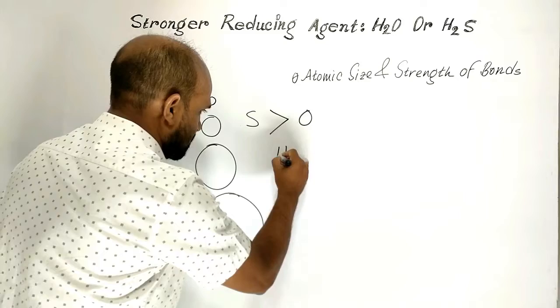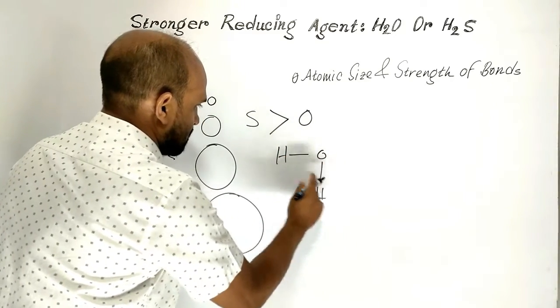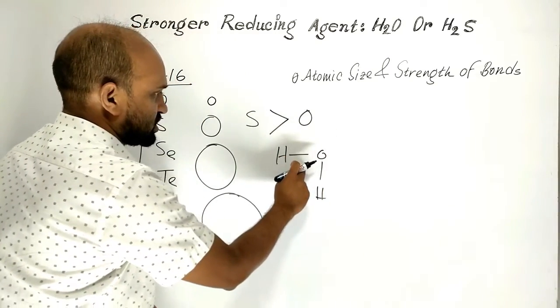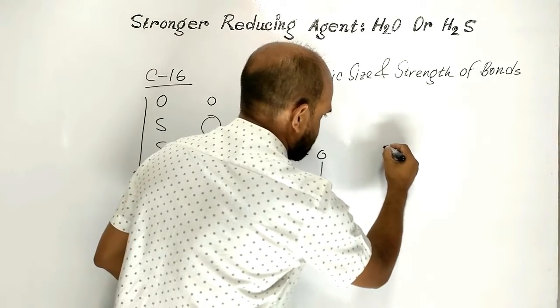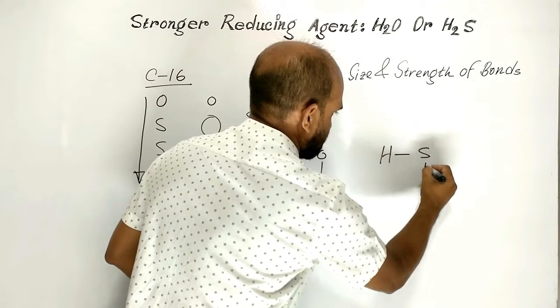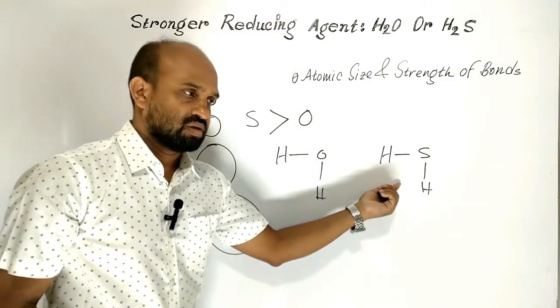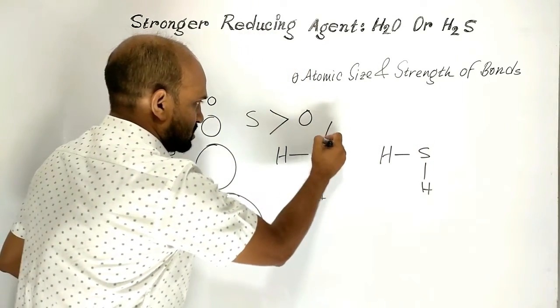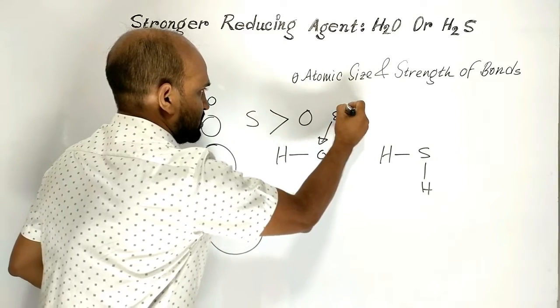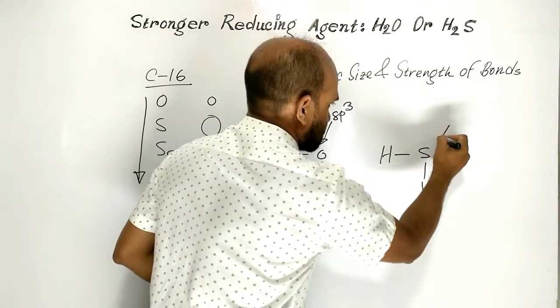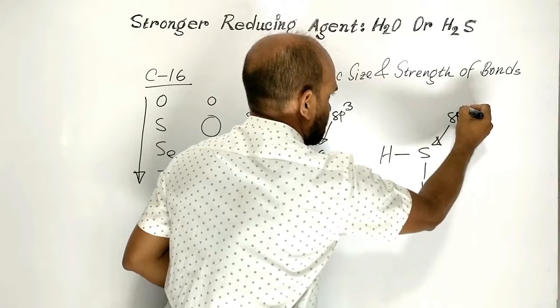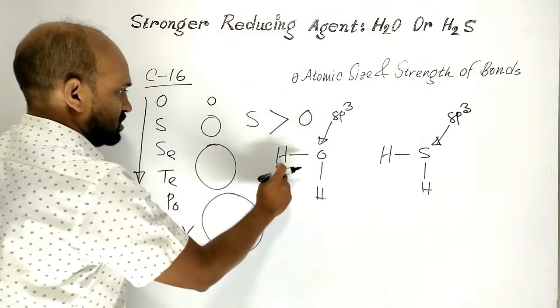In water, hydrogen oxygen bond is present, and in hydrogen sulfide, hydrogen sulfur bond is present. Oxygen is sp3 hybridized atom, sulfur as well sp3 hybridized atom.